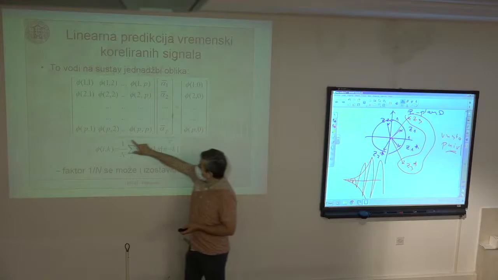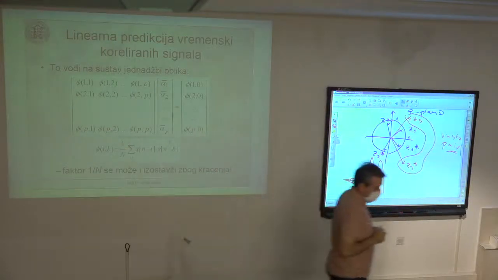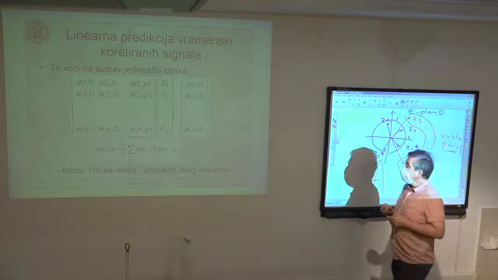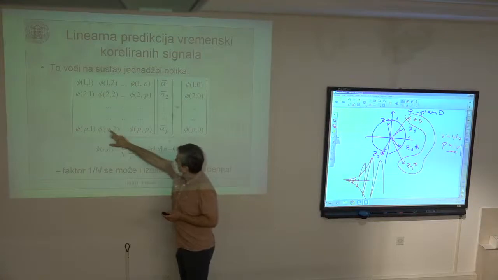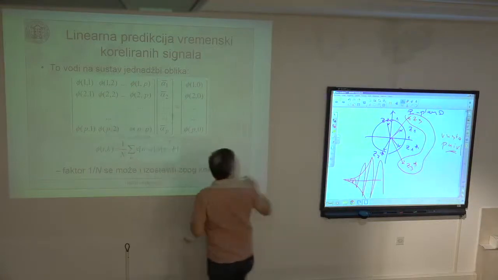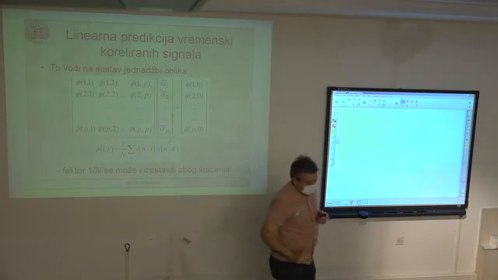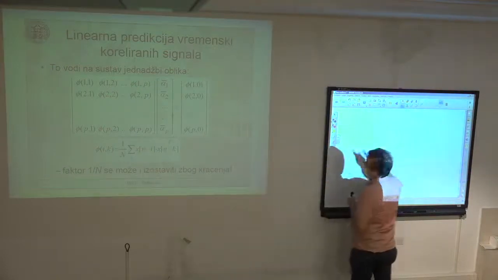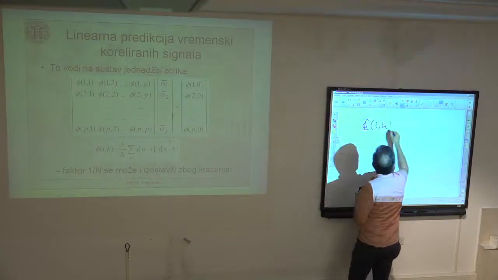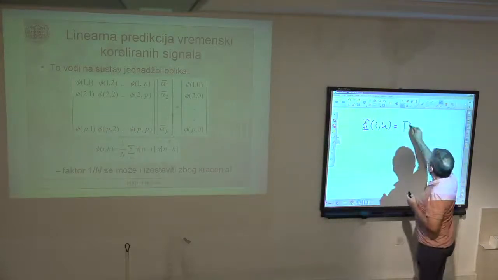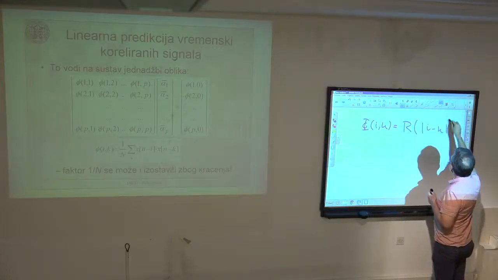Okay? And now, instead of using this more general term, I will introduce another linear system of equations where these matrix elements are bounded to only given values. For example, phi(i,k) would be equal to r of the absolute value of i minus k.